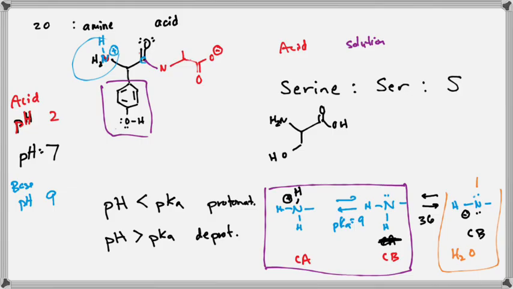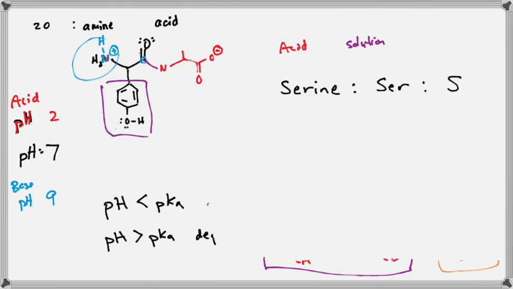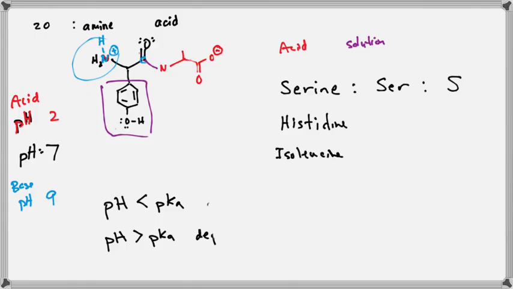But where I like this is that that was just a single amino acid, because you could be asked for a larger protein. You could be asked for the protein that combines serine and histidine and isoleucine and tyrosine. Nope, tryptophan.